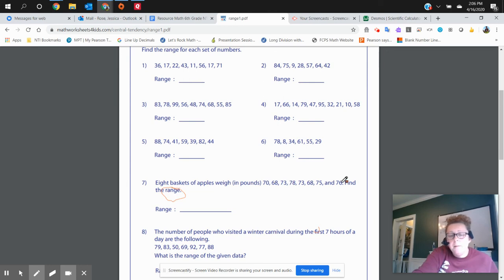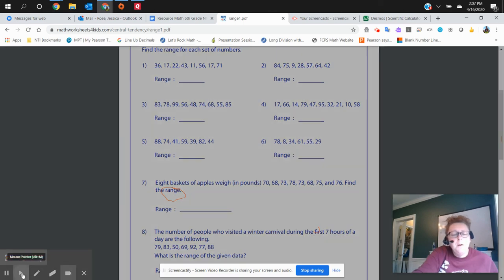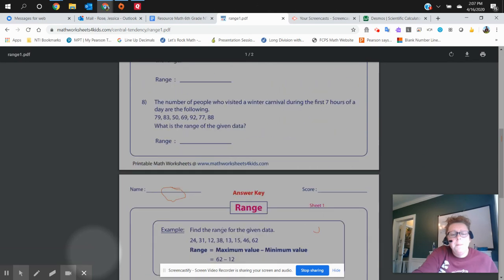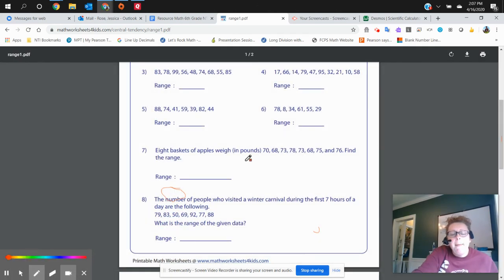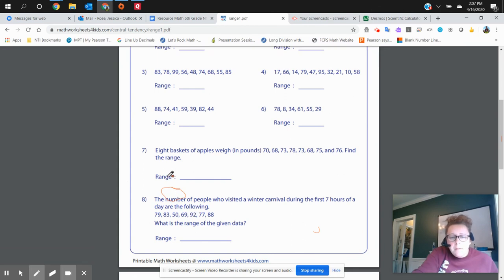You're going to take these numbers and you're going to find the range just like you did here at the top. It's very, very easy. And then for number 7, let's see, that's number 7. Number 8, it's the same way. You're just going to look at these numbers, and you're going to figure out the range.